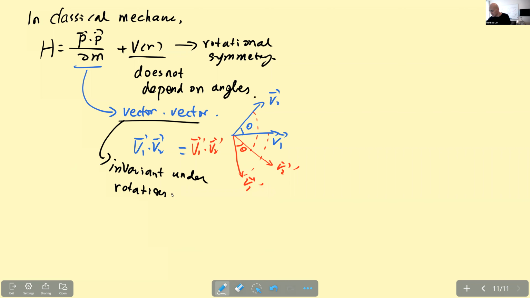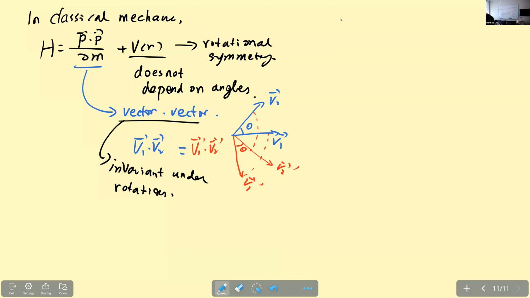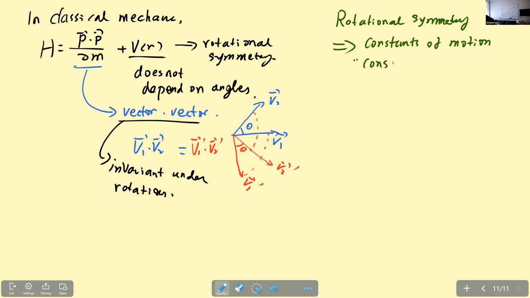And we know that in classical mechanics, if there is rotation symmetry, that leads to so-called constants of motion. In other words, we have conserved quantities.